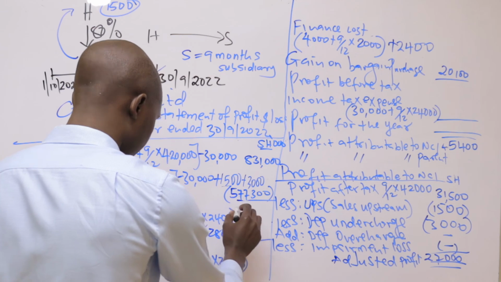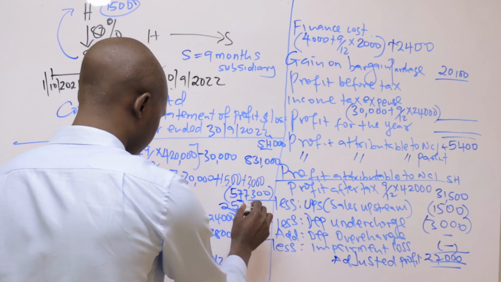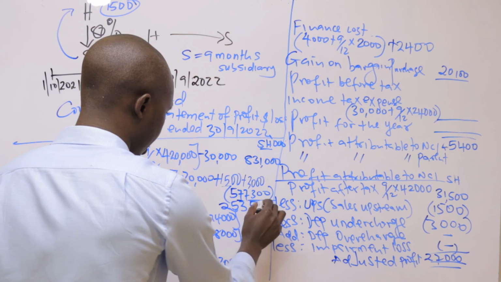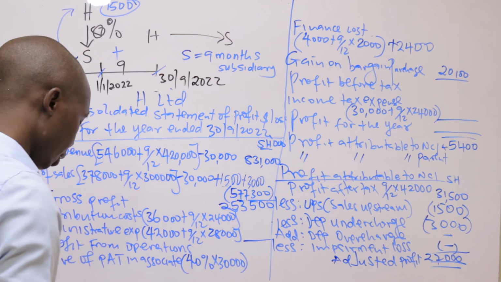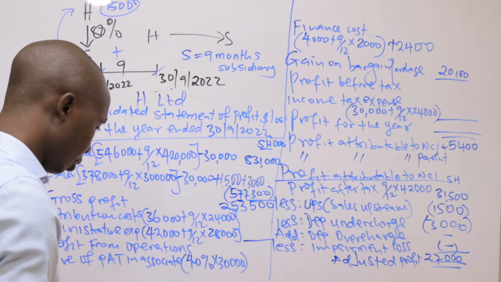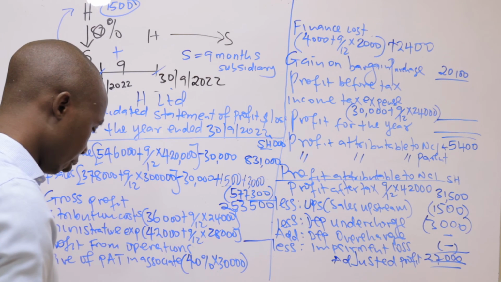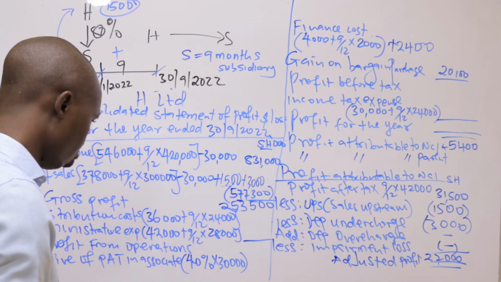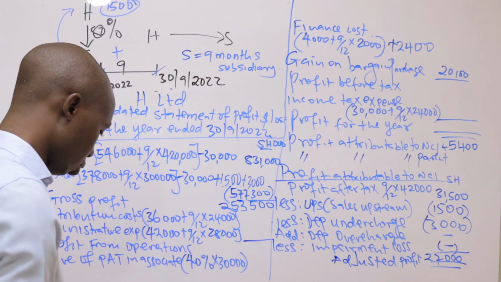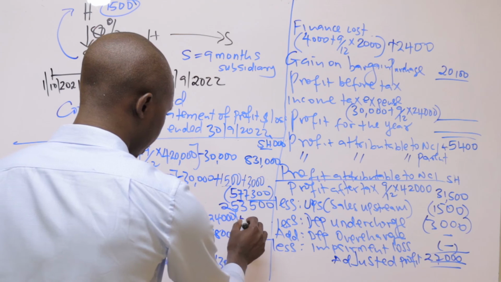This is 253,500. 9 over 12 times 24,000 plus 36,000. This is 54,000.